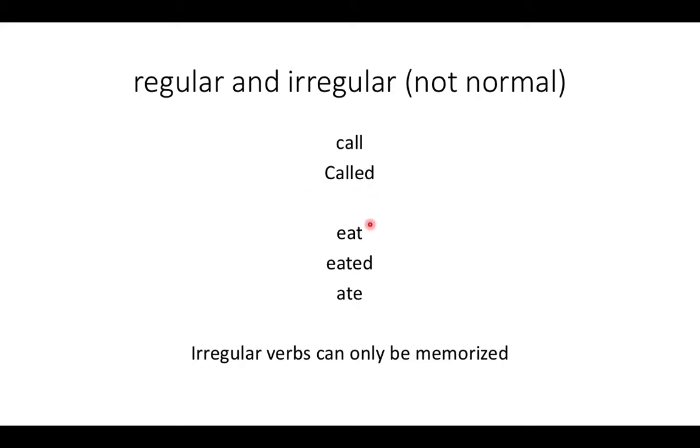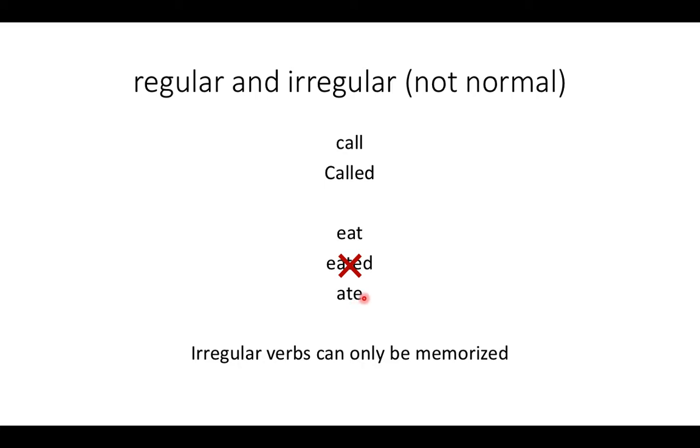Called. But for irregular verbs, they're hard because if you say eat, that's present, right, in the moment. But if you said eated, that's wrong. You cannot put an ed at the end of an irregular verb.